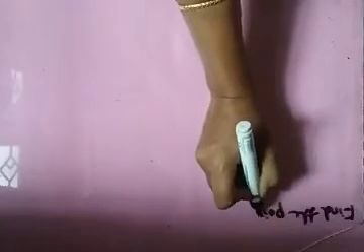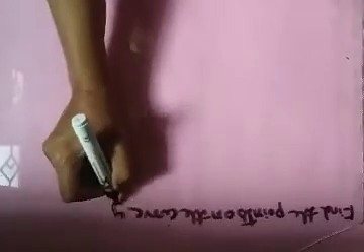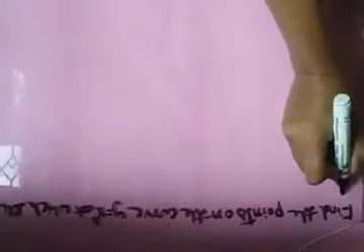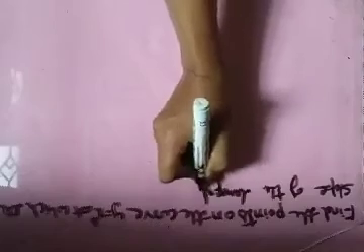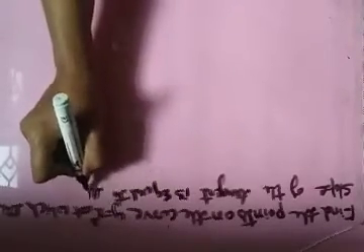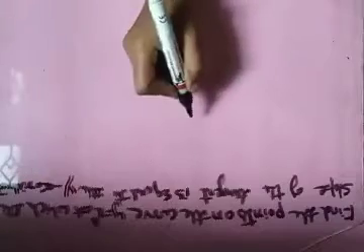Find the points on the curve y is equal to x cube at which the slope of the tangent is equal to the y coordinate.